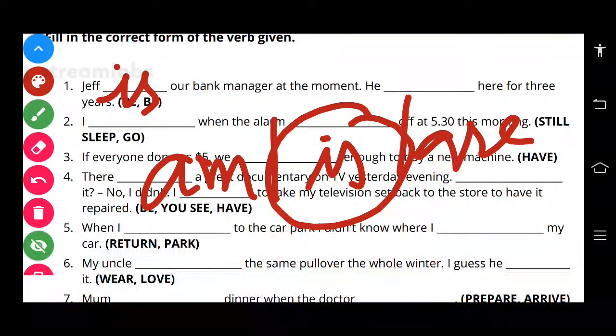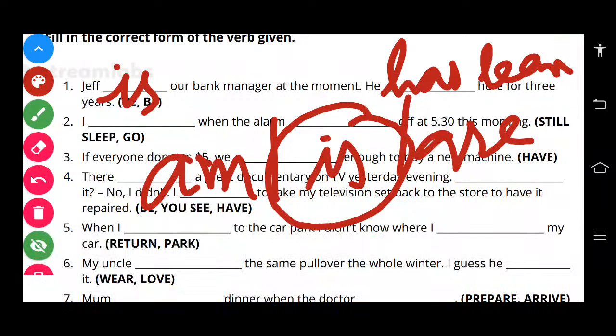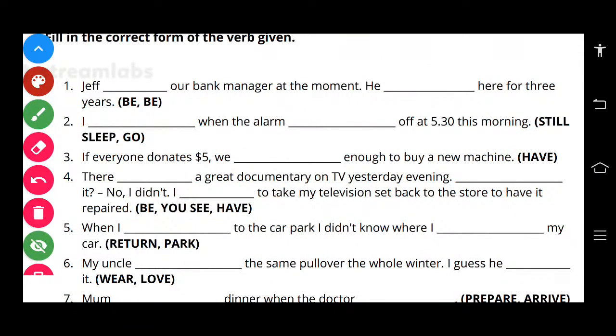And the next one, he dash here for 3 years. Generally we say he has been here, but out of the be forms we have to use: he is here. So in the first one, the answer for both blanks is is. Did you understand this?